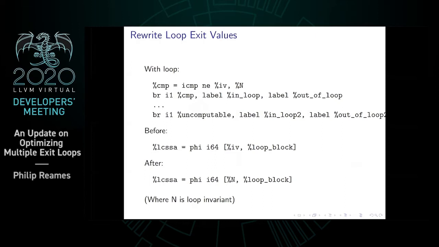Elsewhere in IndVars, we have another transformation called rewrite loop exit values, or RLEV, where the basic idea is we're trying to eliminate uses of instructions defined in the loop. In this particular example, we have a use of IV outside the loop, and then we're able to leverage the information about the exit condition to tell us that the value of IV outside the loop at that exit block is actually %n, which is the loop invariant expression.